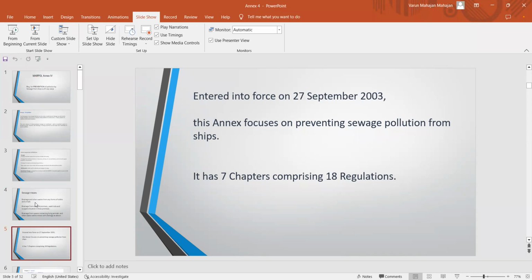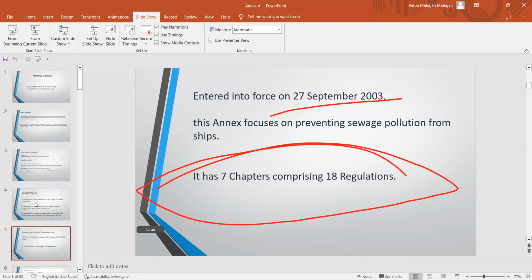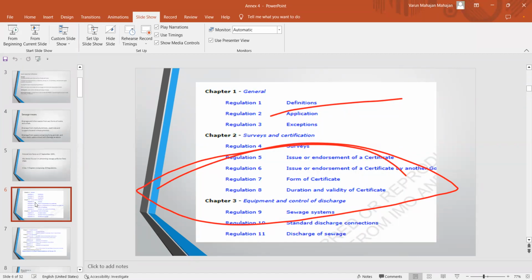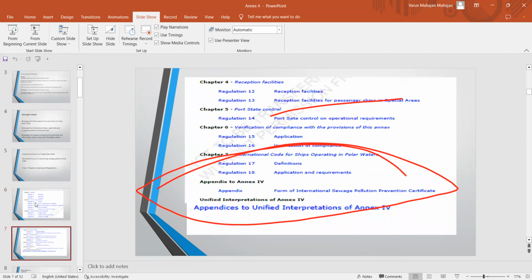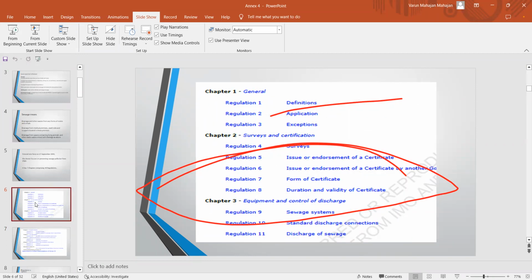This regulation came into force on 27 September 2003. This annex focuses on preventing sewage pollution from ships, and it has 7 chapters and 18 regulations. Who gives the right to PSC to inspect your vessel under this annex?